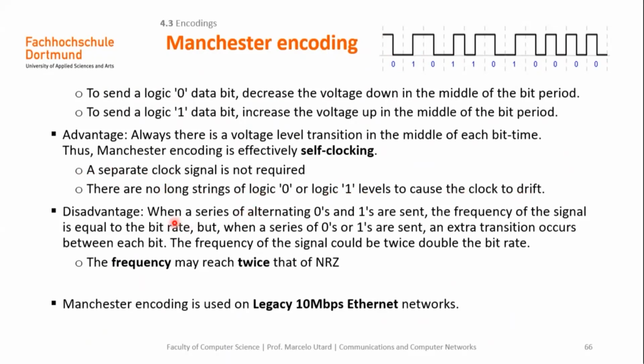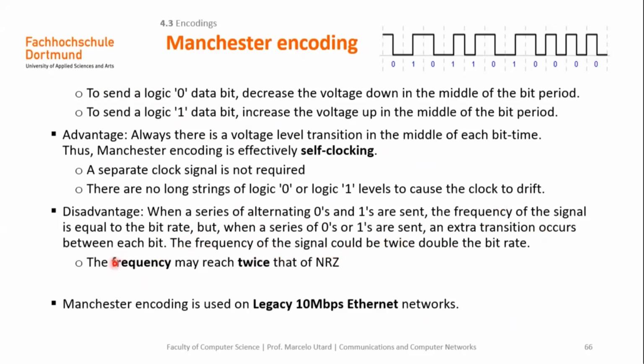Disadvantage: when a series of alternating zeros and ones are sent, the frequency of the signal is equal to the bit rate. But when a series of zeros or ones are sent, that is only zeros or only ones, an extra transition occurs between each bit. The frequency of the signal could be double the bit rate.